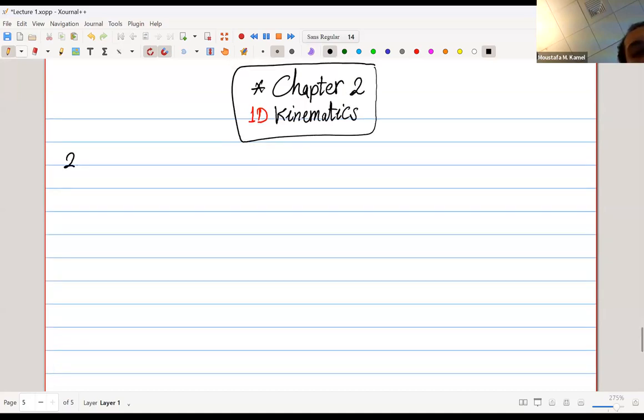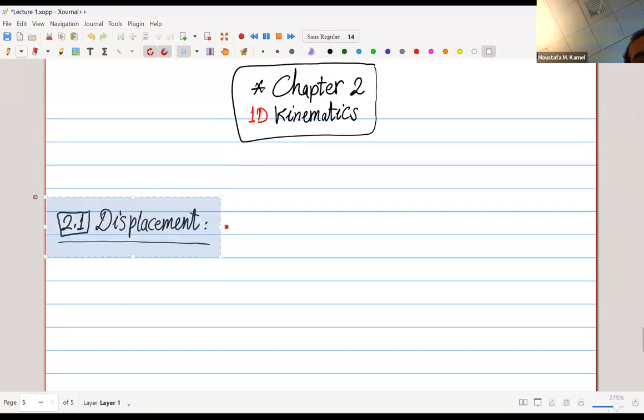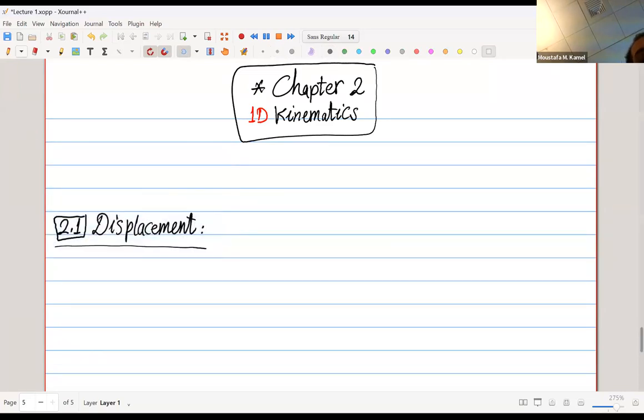The first section of the chapter talks about displacement. But actually before that, what is kinematics itself? Any thoughts?